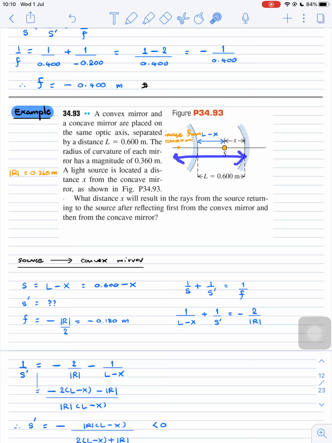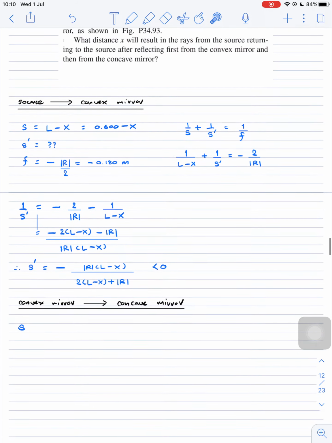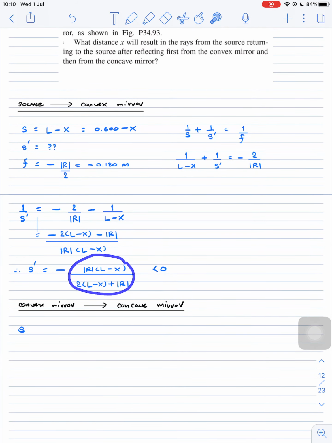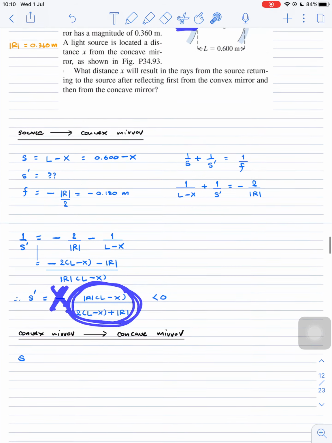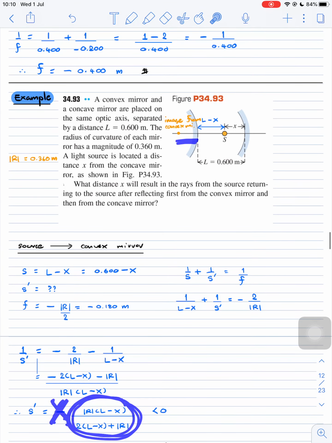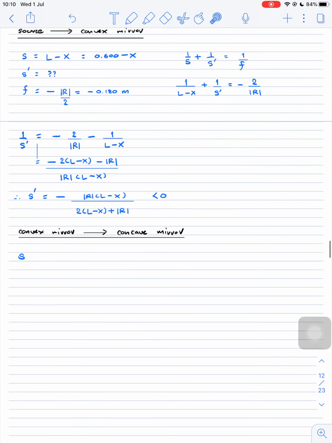This length equals the magnitude of the S prime, only this term. We do not take into account the negative sign here, because the negative sign just tells the position of the image, to be behind the mirror. But the magnitude of the S prime just equals this one.